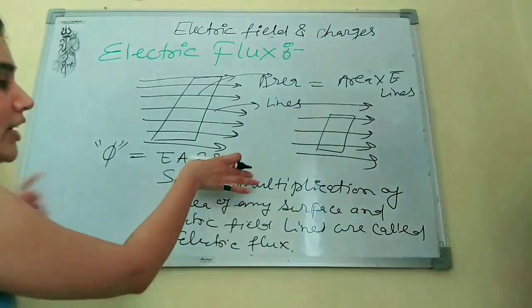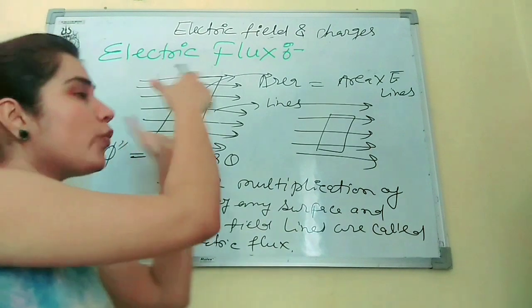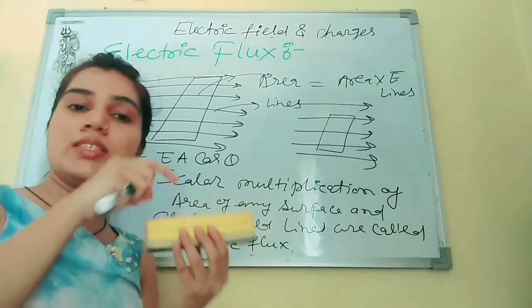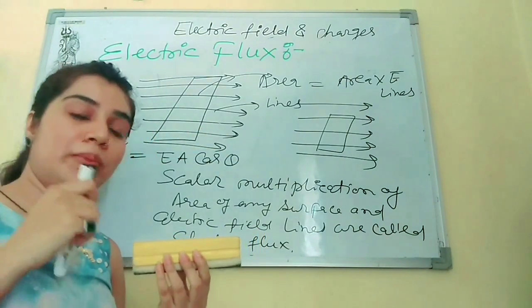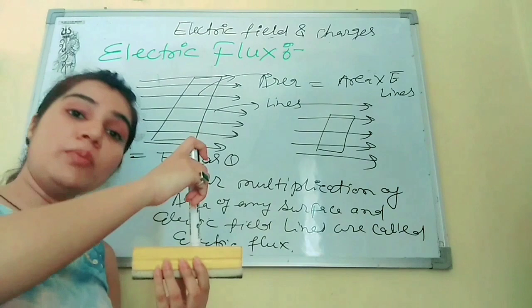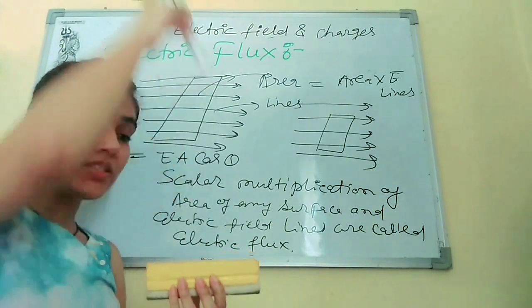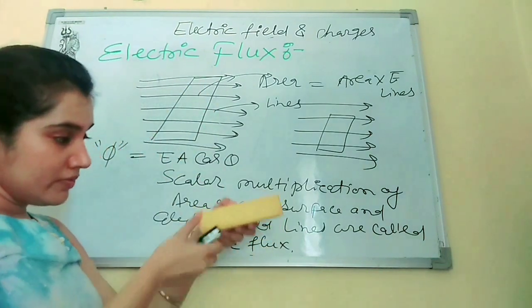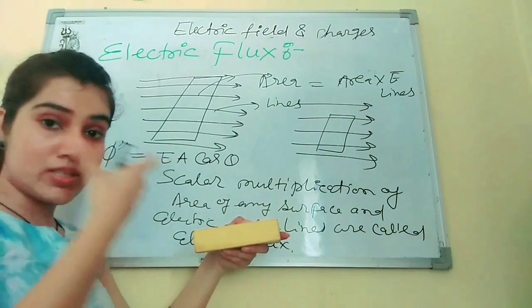Why are we taking cos theta? Because these electric field lines appear in the perpendicular direction. Suppose this is the surface, and the lines will always appear perpendicular to it, towards the eyes.